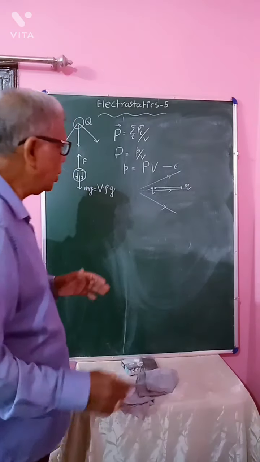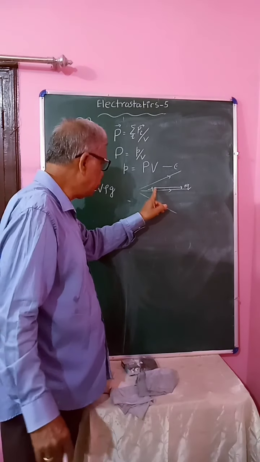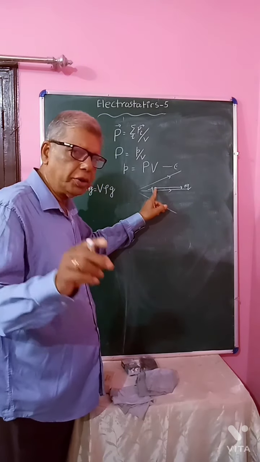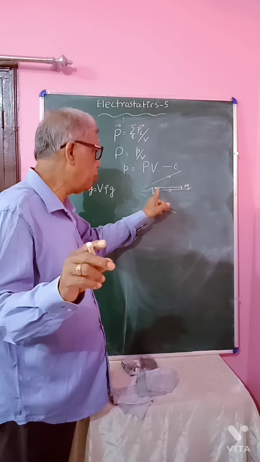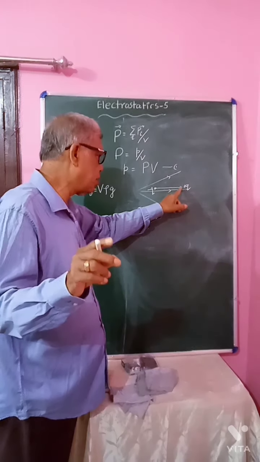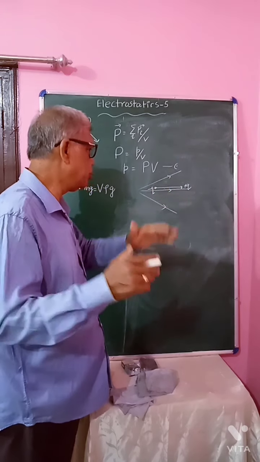Now only in the presence of uniform electric field, the force exerted on the charge minus Q is equal to the force exerted on the charge plus Q, and both are in opposite sense, and the total force is 0.